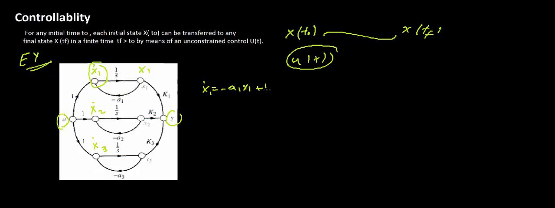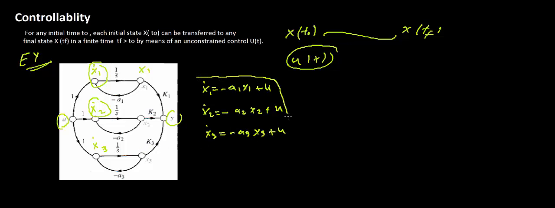For x2 dot, it's minus a2 times x2 plus 1 times u, so plus u. And x3 dot equals minus a3 x3 plus u. So we have only these three state variables.